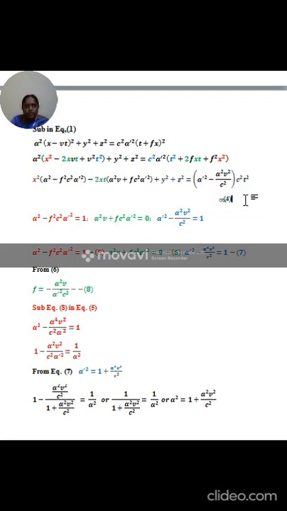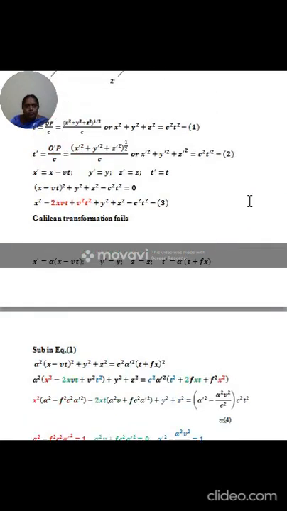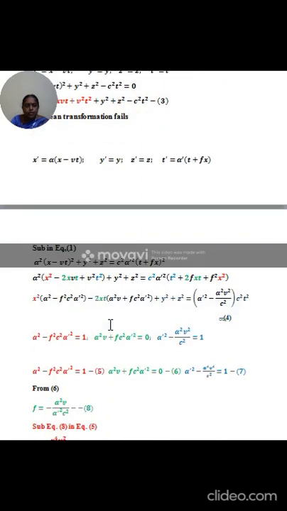So now let us compare this equation 4 with that of 1. The coefficient of x squared and c squared t squared is 1, and we don't have minus 2xt term. Therefore, this term can be equated to 0, and this term can be equated to 1.